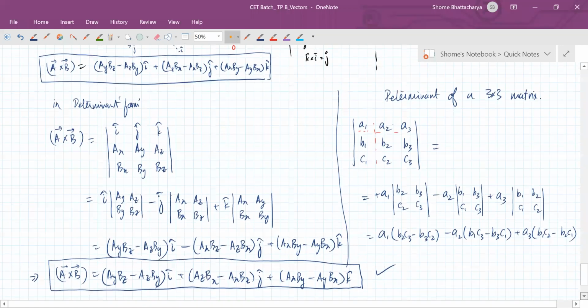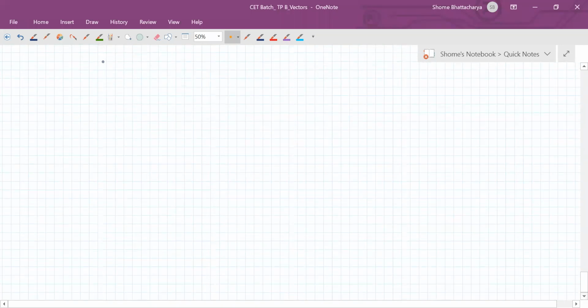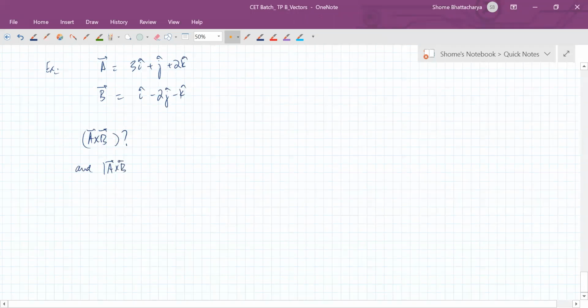Okay, so let's look at a quick example. Suppose this is the vector A and the vector B is this, and I want to calculate A cross B and the magnitude of A cross B, both these things.